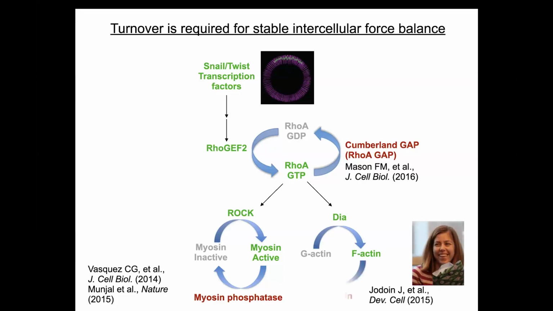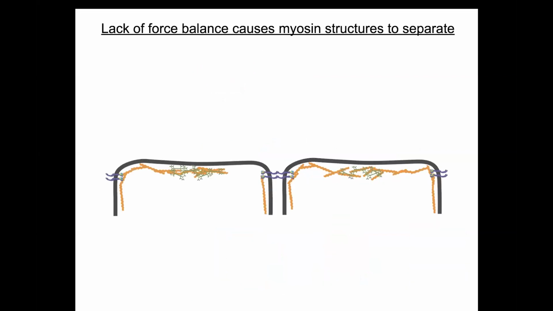Actin's a biopolymer. It undergoes cycles of assembly and disassembly. We showed that both rapid assembly and rapid disassembly are required for this process. And I'll show you what the result is when you don't have this. If there's a lack of force balance at this adherens junction, what you're going to see is that it's going to be pulled in one way, but there's no counterforce the other way.